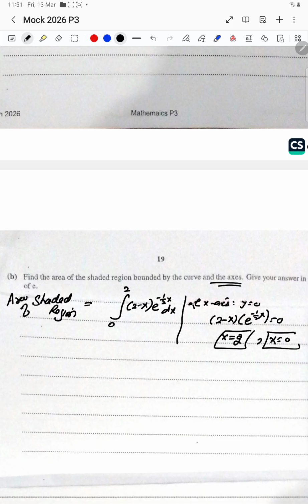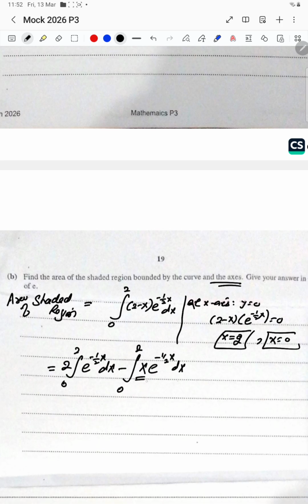We will integrate this simply, separately first. 0 to 2, 2 is out, e raised to minus 1 by 2 dx, minus integral 0 to 2 x e raised to power minus 1 by 2x dx.